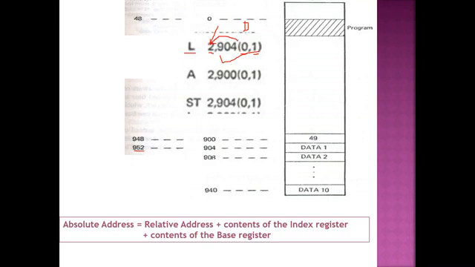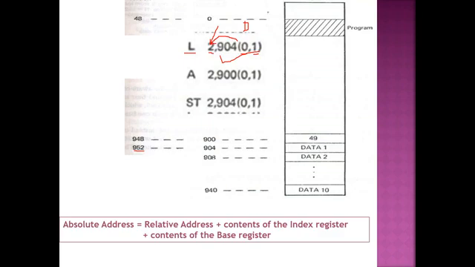Load the value present at 904 into register 2. That is the load instruction. Load 2 comma 904 works like a microprocessor, right to left: loading from the address location and putting it inside register 2.